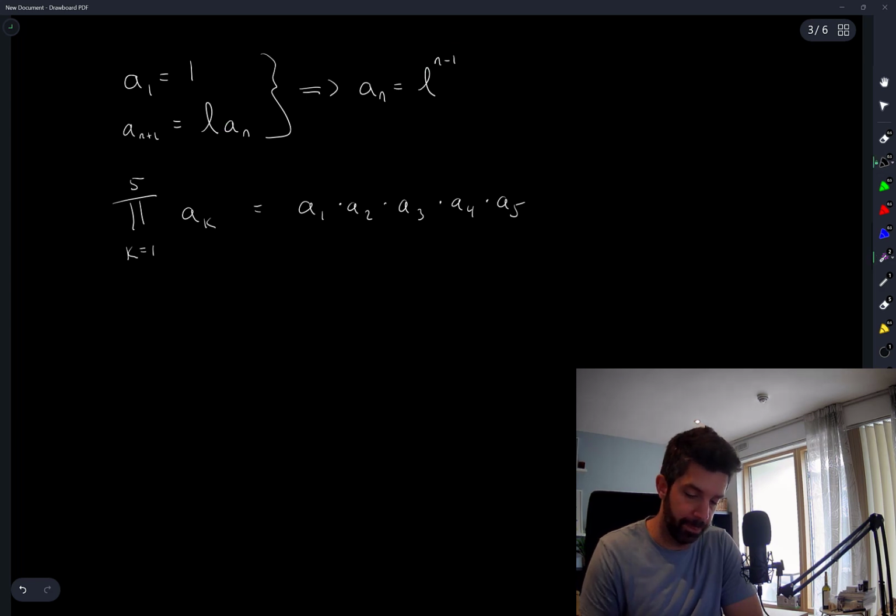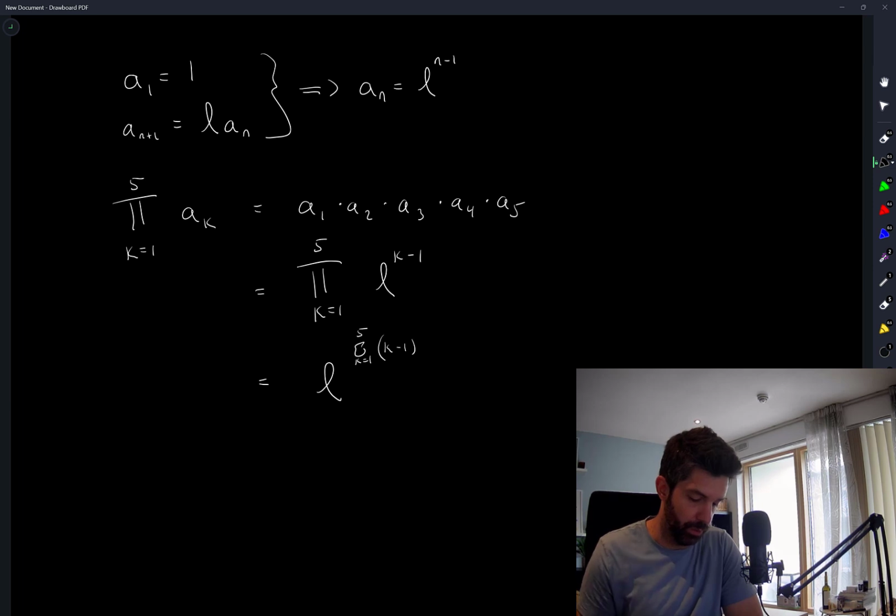And what I can do now is write this using the product notation. Again, k goes from 1 to 5. a_k is equal to L to the power of k minus 1. And this is the same as L to the sum, k going from 1 to 5 of k minus 1.